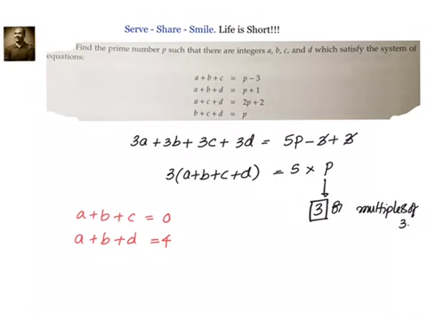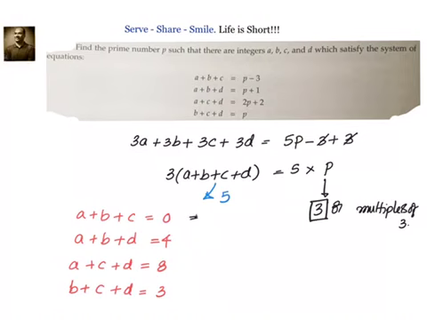Then a plus c plus d is equal to 2p plus 2, that is 8. Then b plus c plus d is equal to p, which is 3. Now once we know p equals 3, automatically we know that a plus b plus c plus d is equal to 5, because 3 into 5 should be equal to 5 into 3. So we know that a plus b plus c plus d equals 5. Then we can easily find the values.